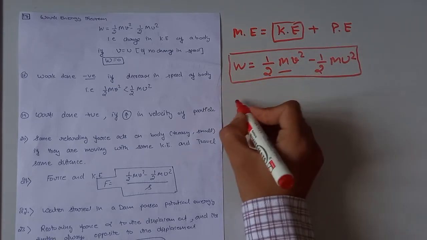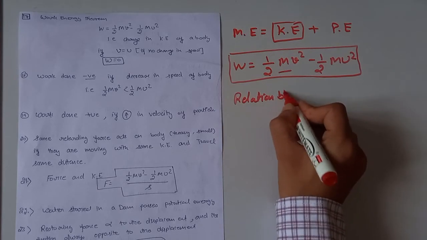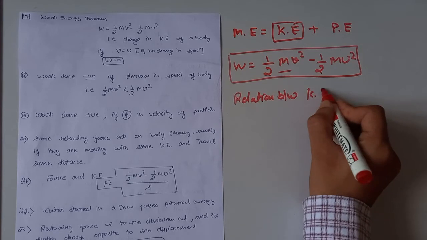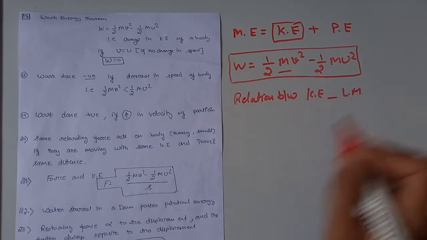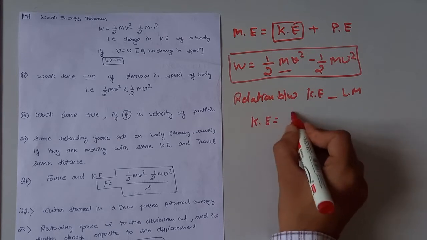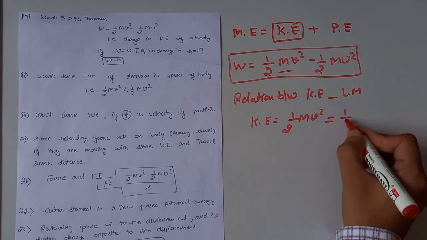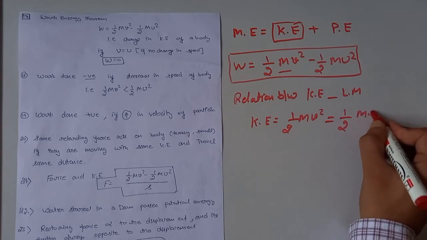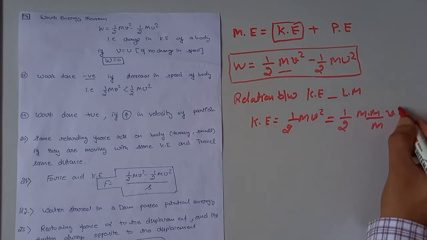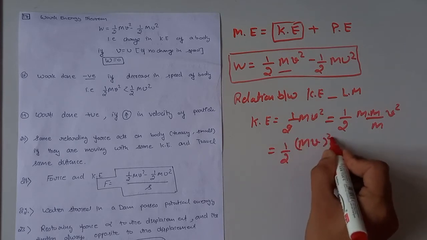Our next key point is the relation between kinetic energy and linear momentum. This is a very important lesson. We know that kinetic energy is half mv square, which is equal to 1 divided by 2m multiplied by m divided by m into v square, which is equal to half m square v square divided by m.